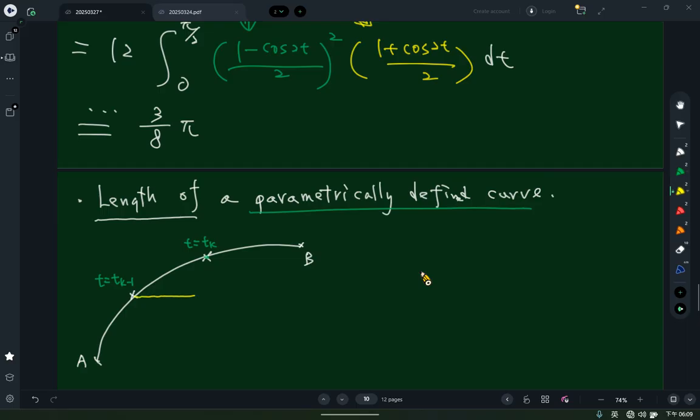If we can calculate this piece, then finally we just sum all of them together. Then we get the final result, right? That's just like a Riemann sum, right? So we are talking about the L_k here, right?